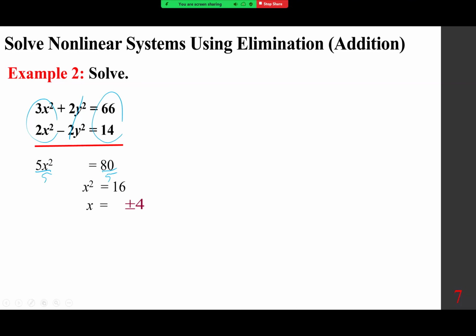You put x equals plus minus 4 into one of the original equations. And you may notice, by the way, that this one becomes x squared minus y squared equals 7.